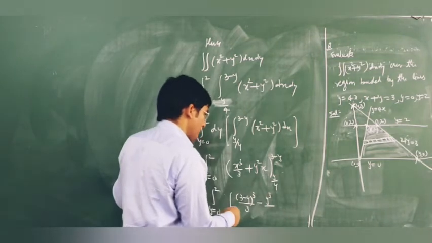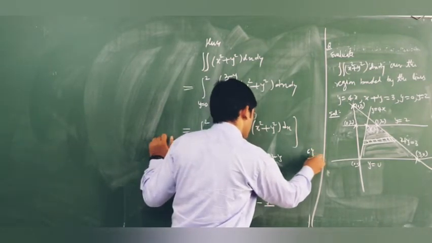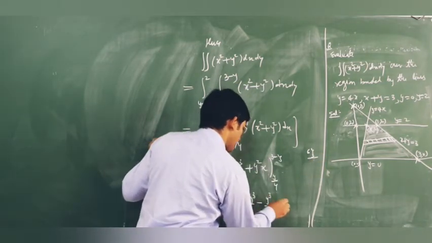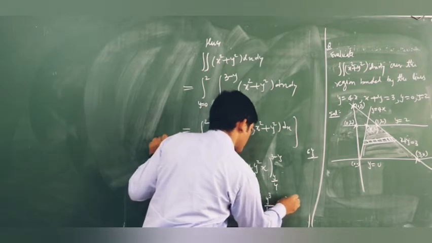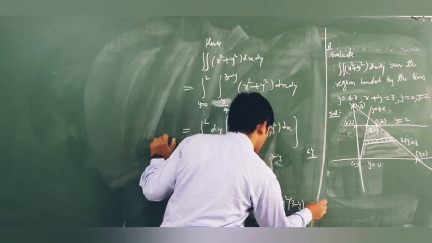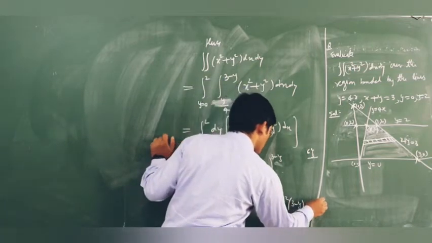So 4 cube will be 64, into 3, 192, and here we will have y square into 3 minus y, then our lower limit, just put the value of x as y by 4, so this will be y cube upon 4.